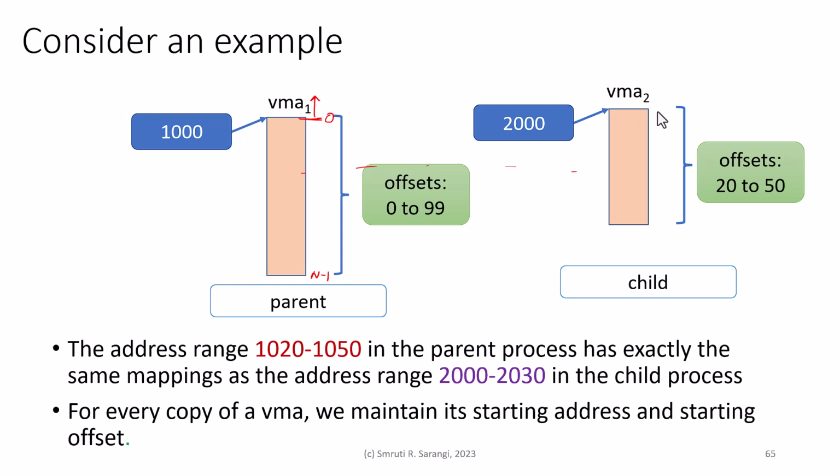That is all right. Then the starting offset may very well be minus 10, which means that this 0 over here would correspond to the same virtual address as this, and they would map to the same physical address. So that is why these offsets are maintained and the starting address is maintained.